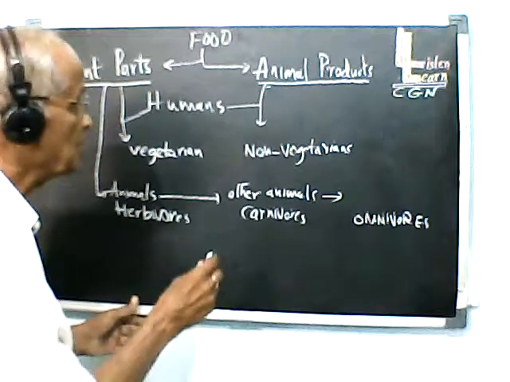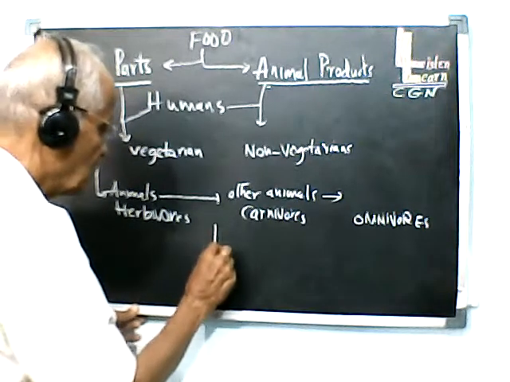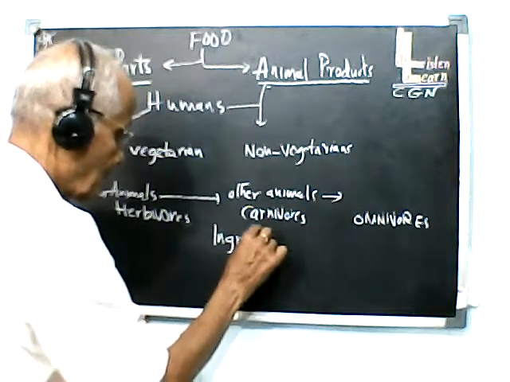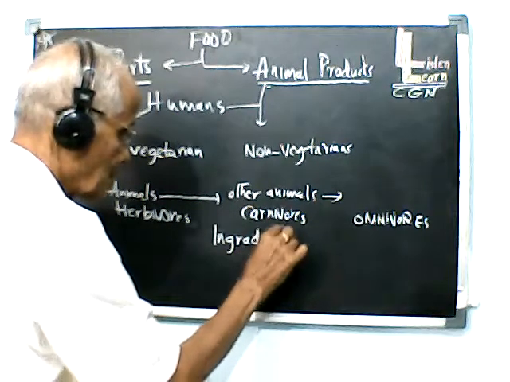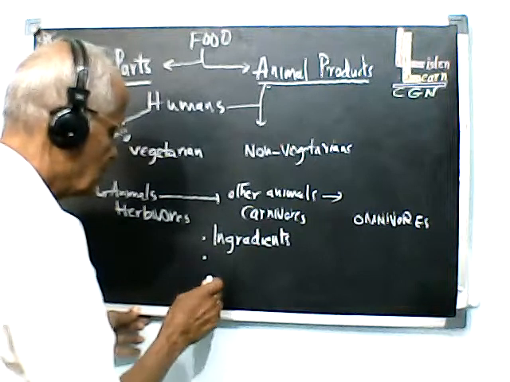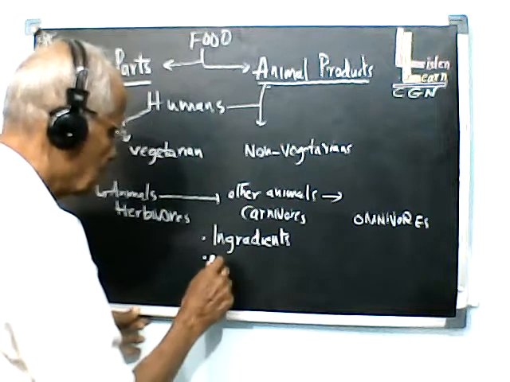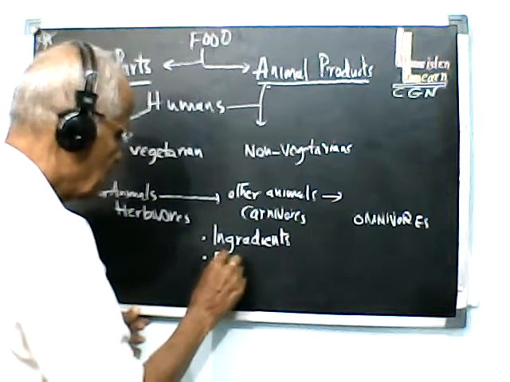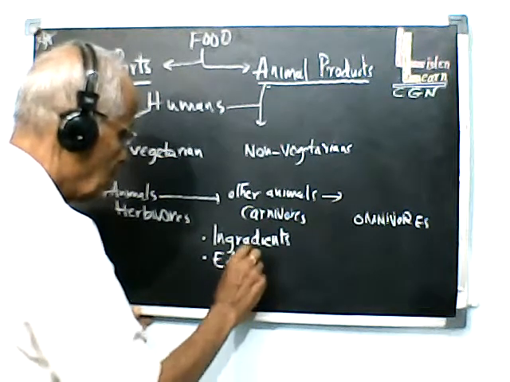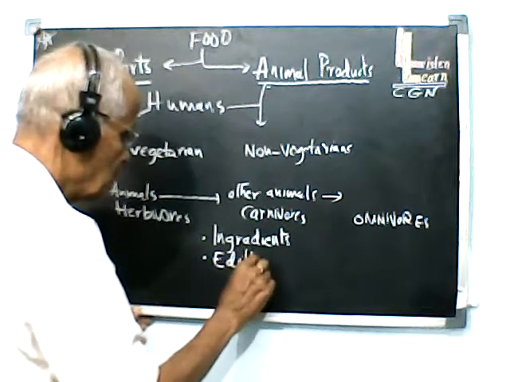We also studied that food contains ingredients. And we also said yesterday, in the plants there are parts which are called edible parts. Both in animals and plants we have parts called edible parts.